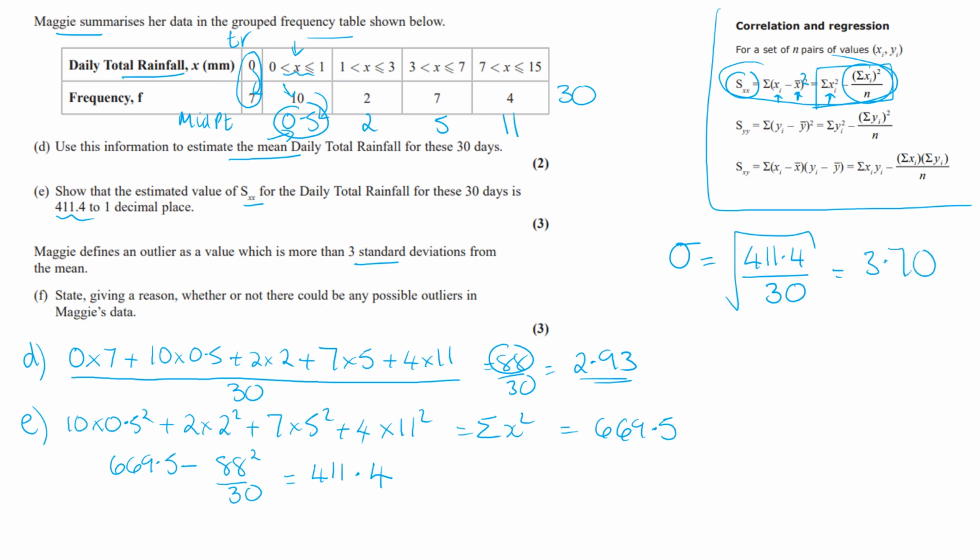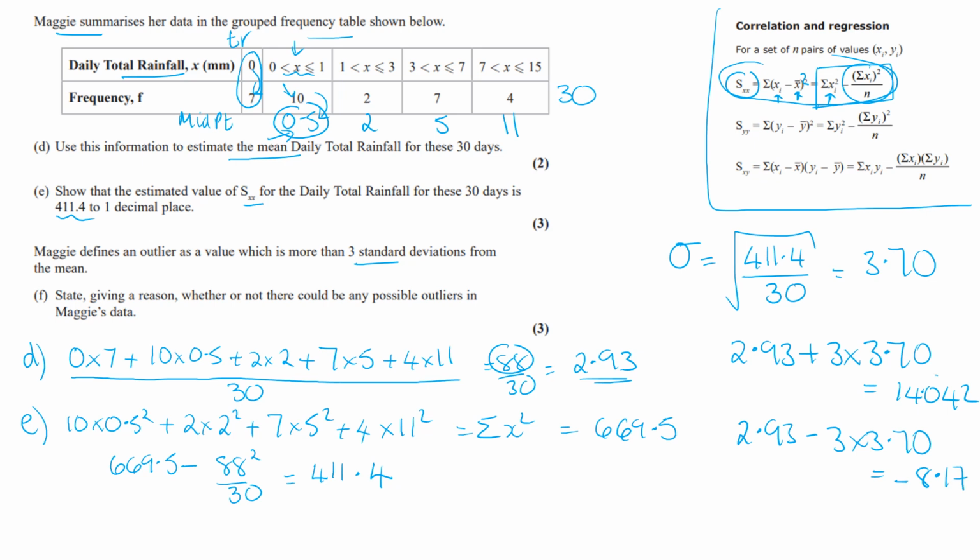So we need to find 3 standard deviations above the mean. So the mean was 2.93, and if we plus 3 times the standard deviations on, that comes out to be 14.042. And if we do 2.93 minus 3 times the 3.70, that comes out to be minus 8.17.